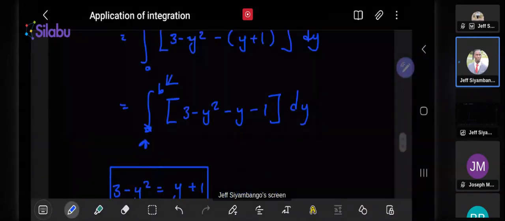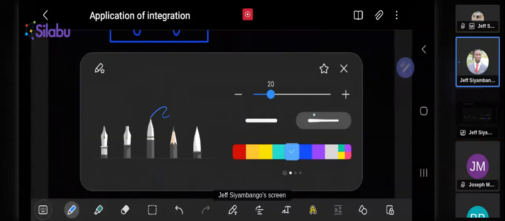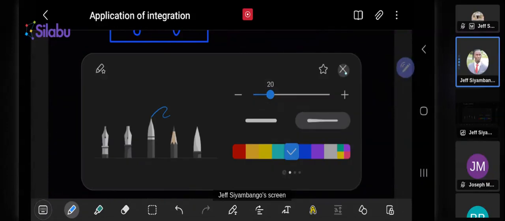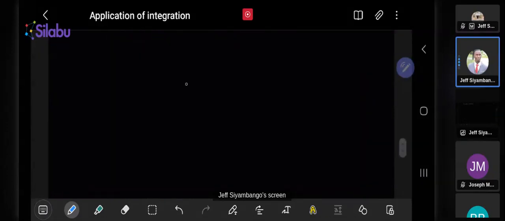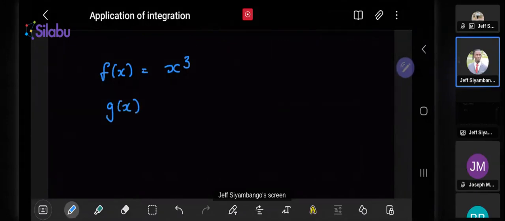Okay. Now for tonight, I want us to look at something that is a little bit more tricky than what we started with. So I want us to look at functions where now you have to do a little bit of extra work. Consider two functions. f of x equals x to the power 3, and the other function, g of x, is equal to x.